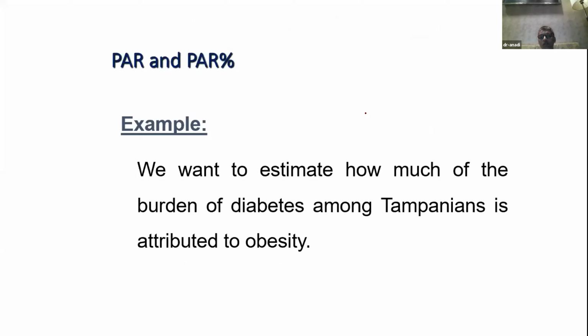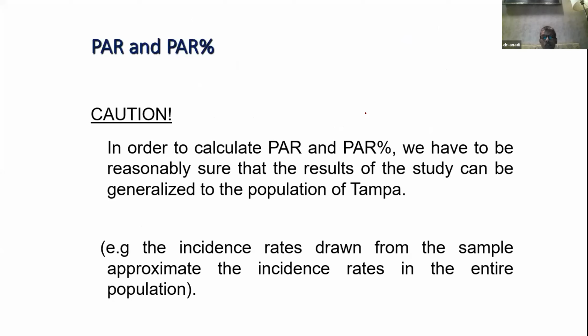For example, we want to estimate how much of the burden of diabetes among Tampa residents is attributed to obesity. First, in order to calculate the PAR percentage, we have to be reasonably sure that the result of the study can be generalized to the population of Tampa.